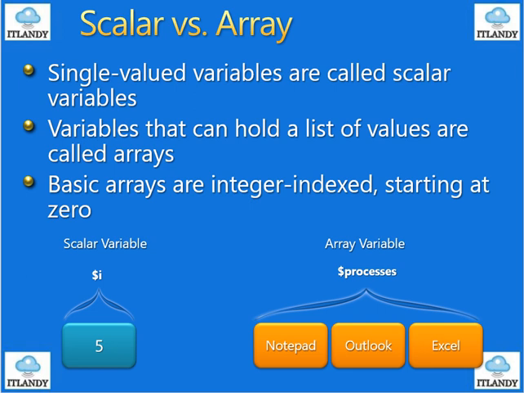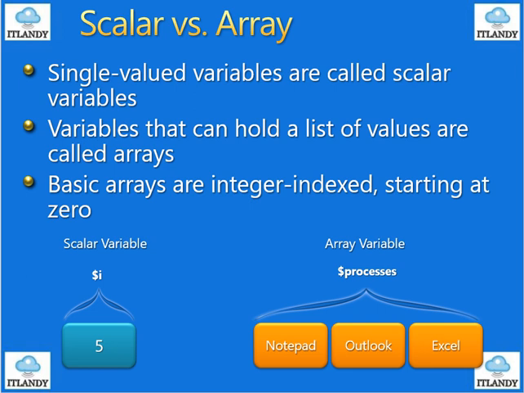Now, a basic array can be integer indexed starting with 0. So look at the diagram. We have $i, which is a variable, and it is 5. So this is a scalar, whereas an array is $processes, but look at underneath it.